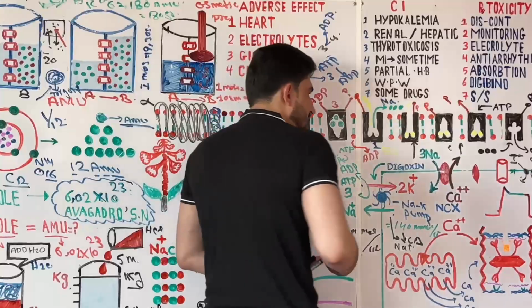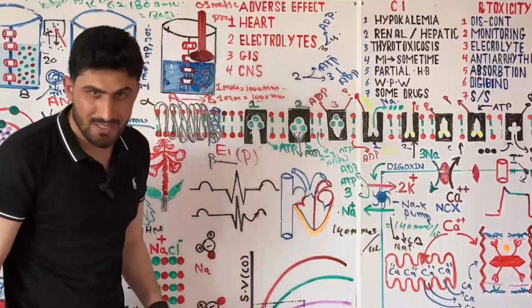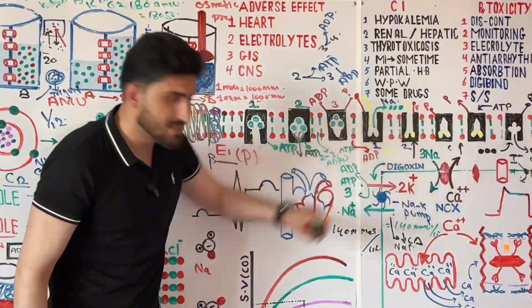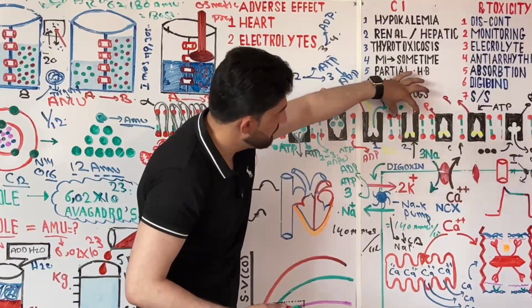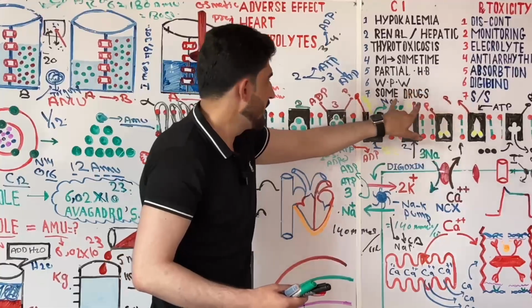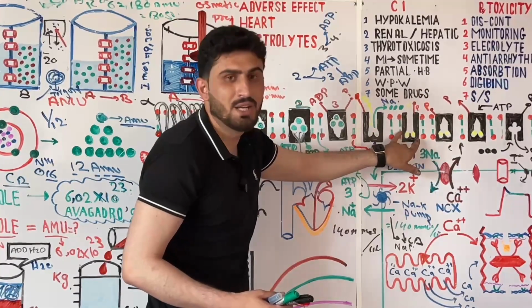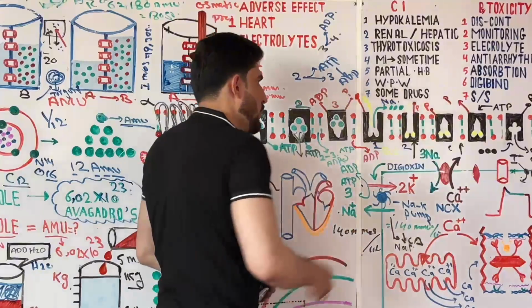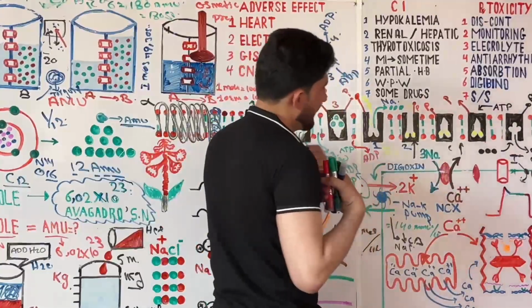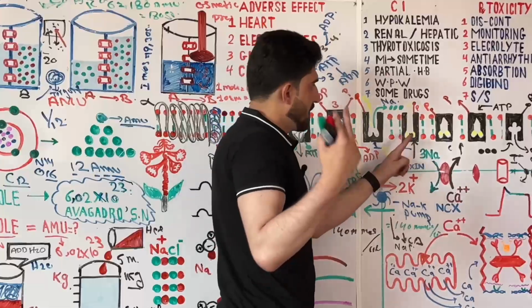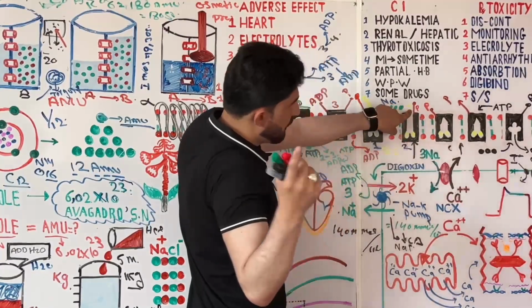Okay, and now in this first step of E2, the affinity for potassium is more. Now in this second step of E2, the affinity for potassium is more. Now 2 potassium will be bound here. And when 2 potassium is bound here, this pump has 2 potassium plus phosphate.